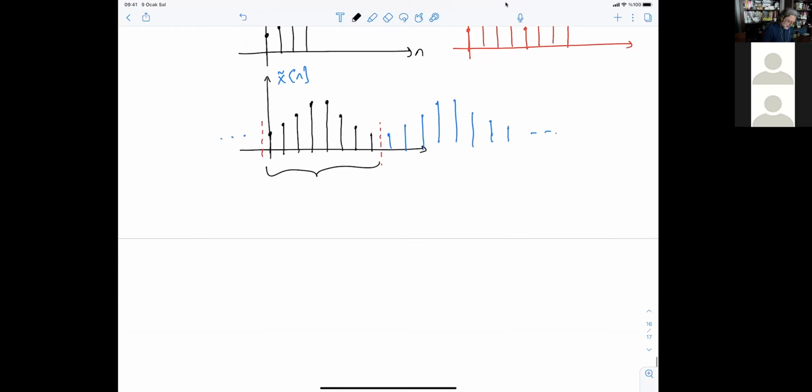So you take the DFT of this x tilde of n, which is expected to be real, but I do not have the formula in my notes for this. But it will be 2n points.